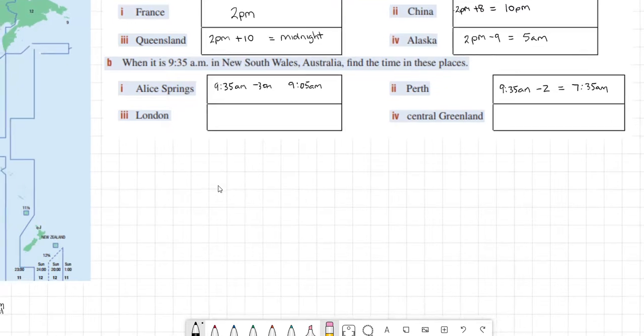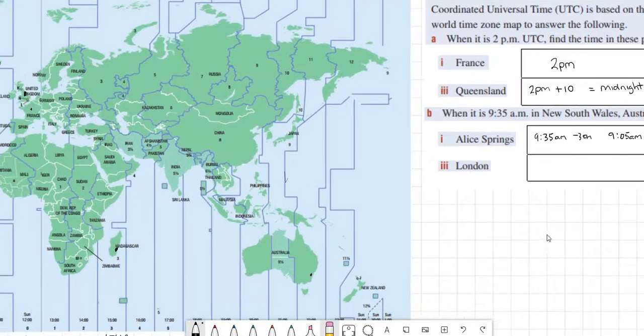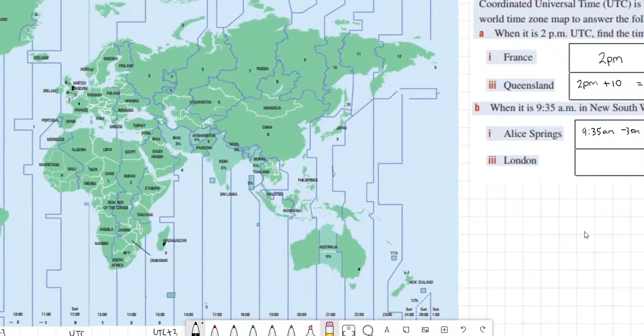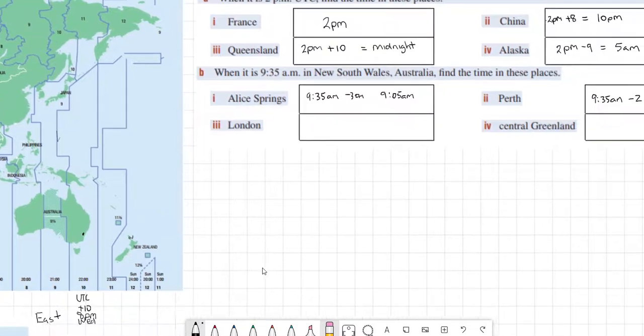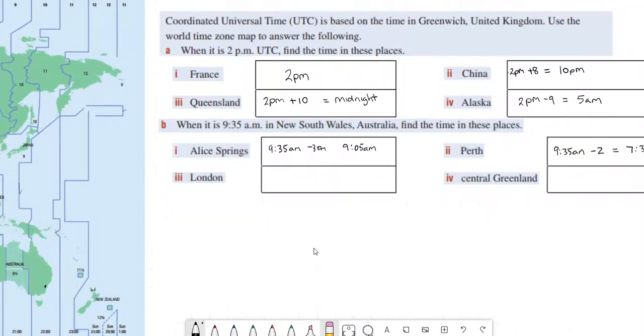So London is of course Greenwich. Okay, it's UTC 0. Sydney or New South Wales is UTC plus 10. London is just UTC 0. So we have to minus 10 hours from this.